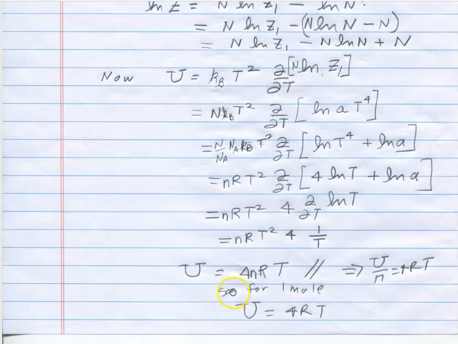For 1 mole of the substance, you can just put one mole in here. Or you can divide both sides by n, so this would be the internal energy per mole is 4RT, and you have to interpret this as the internal energy per mole, or for just 1 mole of the substance.